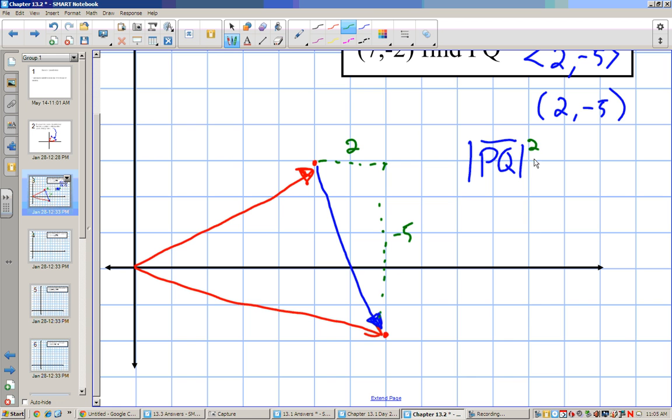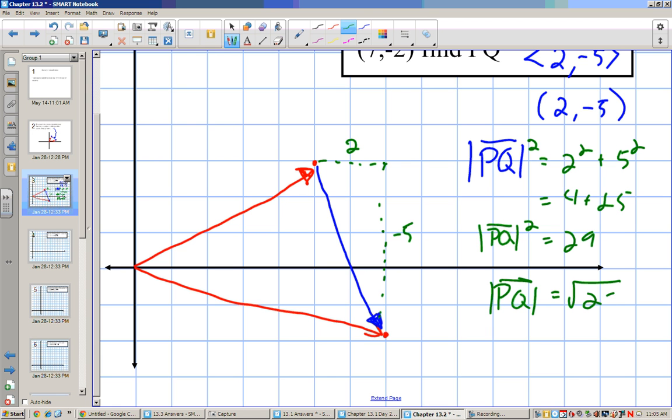This squared is going to equal 2 squared plus 5 squared, or 4 plus 25, or 29 is equal to PQ squared. So if I want to find the magnitude of just PQ, that's going to be the square root of 29. What that tells us is how strong this vector is, or how far this vector goes.